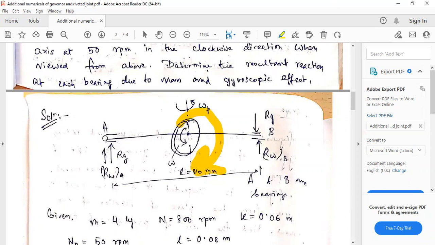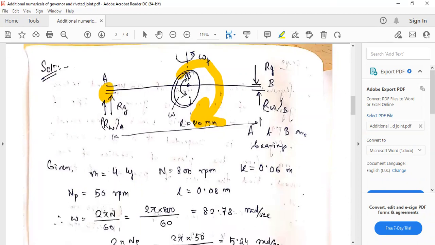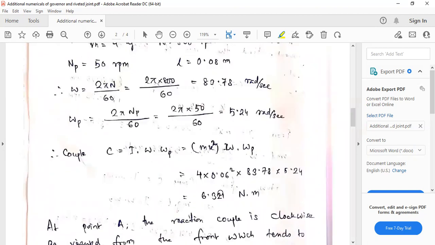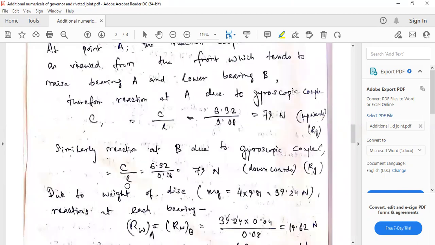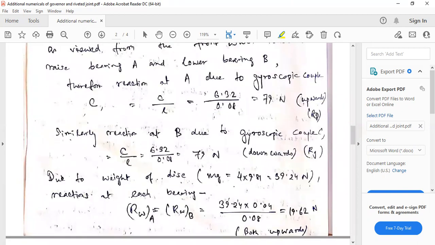If you take moment at point, let's say A, then this will be this couple value divided by the length. That will be the force. I'm sorry, if you want to find out at A, you have to take the moment at B. Get this divided by L, the total length, will give you the force here, the upward force.